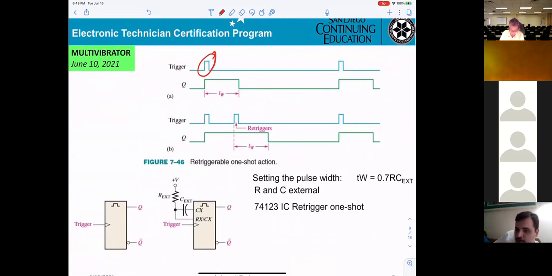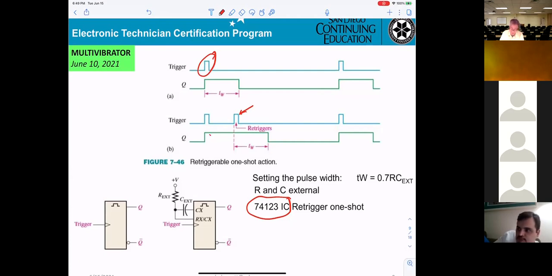However, this is a re-trigger for this IC. When you trigger it, you can get another one. The output is supposed to go down after TW, however you get another trigger right here, and it keeps going. That's what they call a re-trigger.